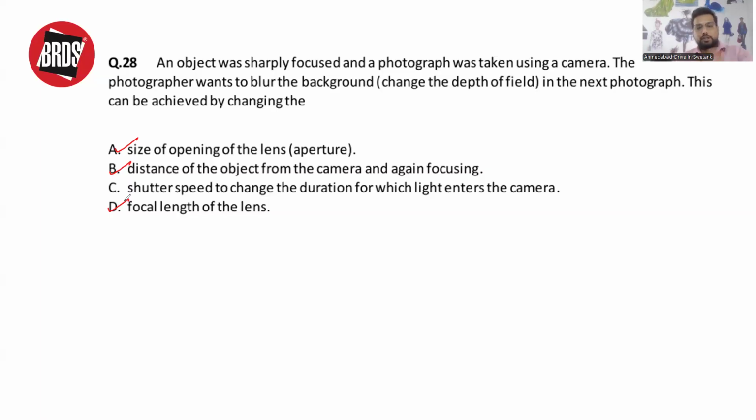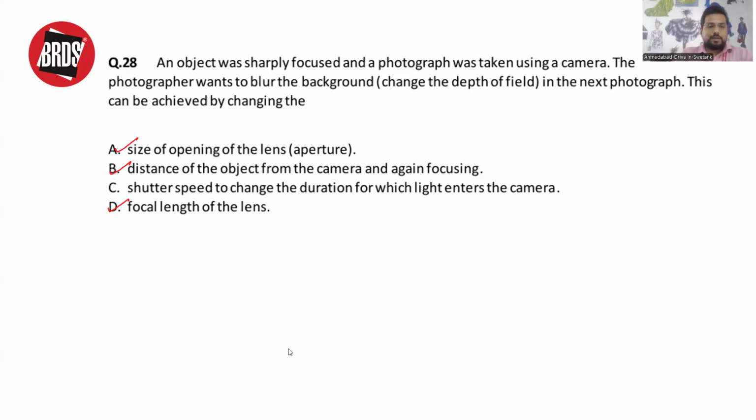By changing the shutter speed, we control the amount of light entering the camera, so that has nothing to do with the background. So option C would not be the correct one. It would be A, B, and D.